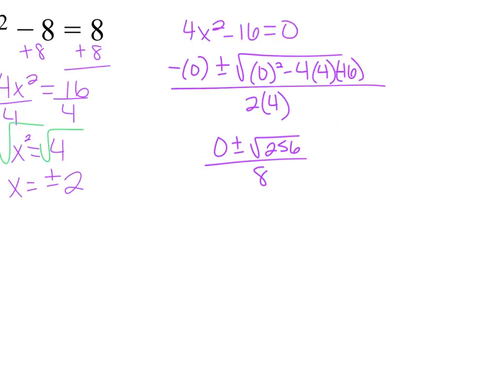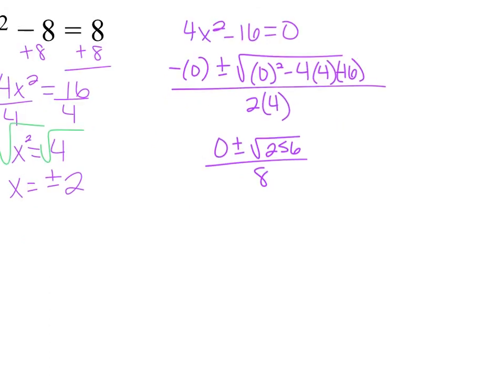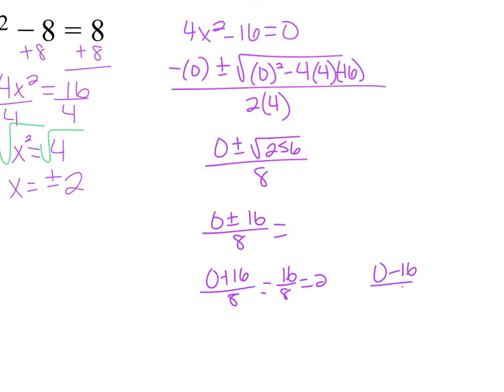Fun fact, the square root of 256 is 16. It is a rational one. So this is going to be 0 plus or minus 16 over 8. If it was the positive version, 0 plus 16 over 8 would give you 16 over 8, which is 2. And 0 minus 16 over 8 would be negative 16 over 8, so negative 2.